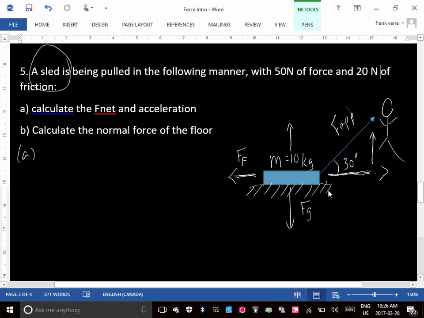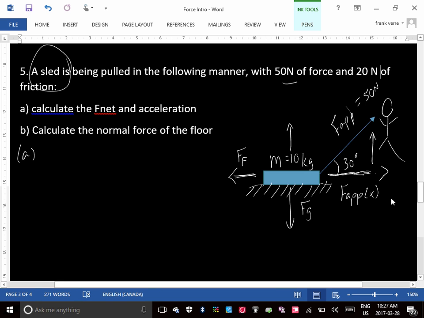Now the one pointing to the right, we have to resolve it just like you do with kinematics. We have the amount of force. We know it's 50 newtons, because we're told it's 50 newtons. But we have an angle. So we're going to resolve it by looking at what that horizontal component is. So what would you have done if this is a relative motion?